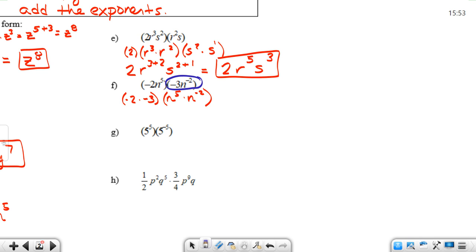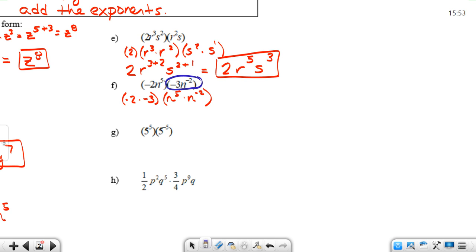So technically speaking, this negative 3n to the negative second is not a monomial, and it's not a polynomial. However, we can still multiply out these two terms together regardless of if that second term is a polynomial or not, which it isn't, but we can still perform the indicated operations.